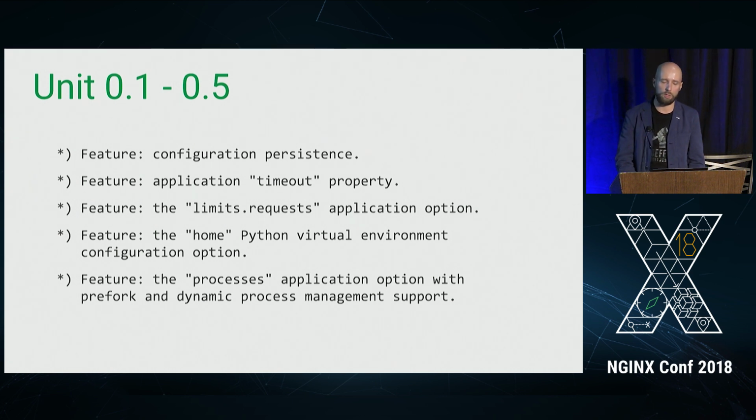And the last one on this slide is the dynamic process management for the application processes. The static process management just spins up the number of application processes equal to the predefined integer, and the dynamic process management allows you to make that number variable depending on current load, and we will demonstrate that today.